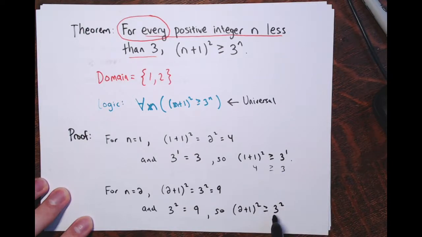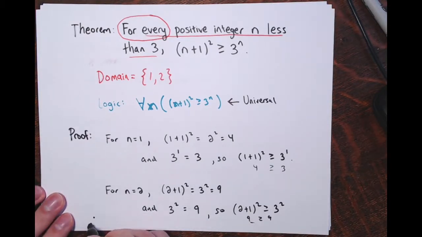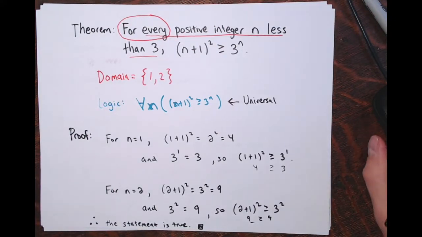They're equal. 9 is greater than or equal to 9, right? It satisfies the equal to part. Therefore, for every positive integer less than 3, the statement is true. Okay, because I'm out of room here, but the statement is true. Little box there to end the proof, or QED.